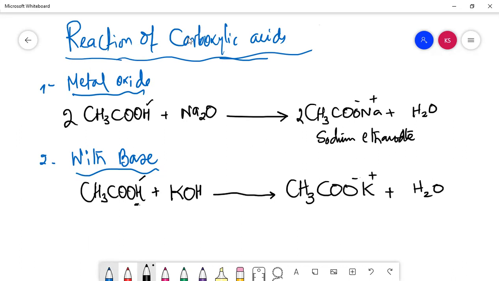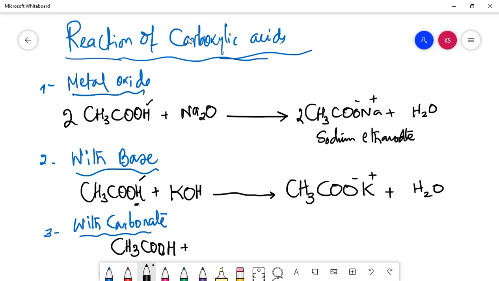And the last one is with carbonates, and that's rather the most important reaction here. Because when you react an acid with carbonate, we get CO2 gas, and that gives the effervescence. So let's say this CH3COOH again reacts with the salt carbonate, sodium carbonate. So you get salt, CH3COONa.